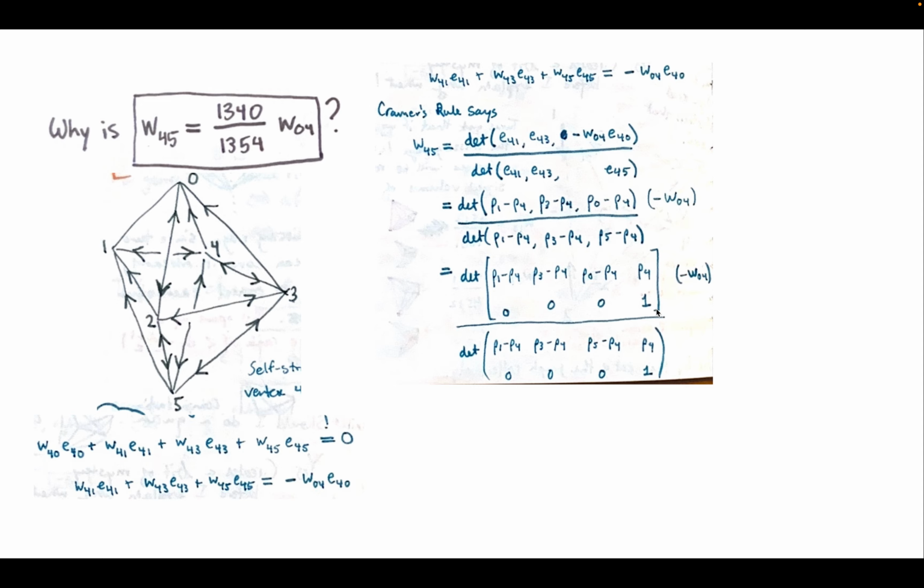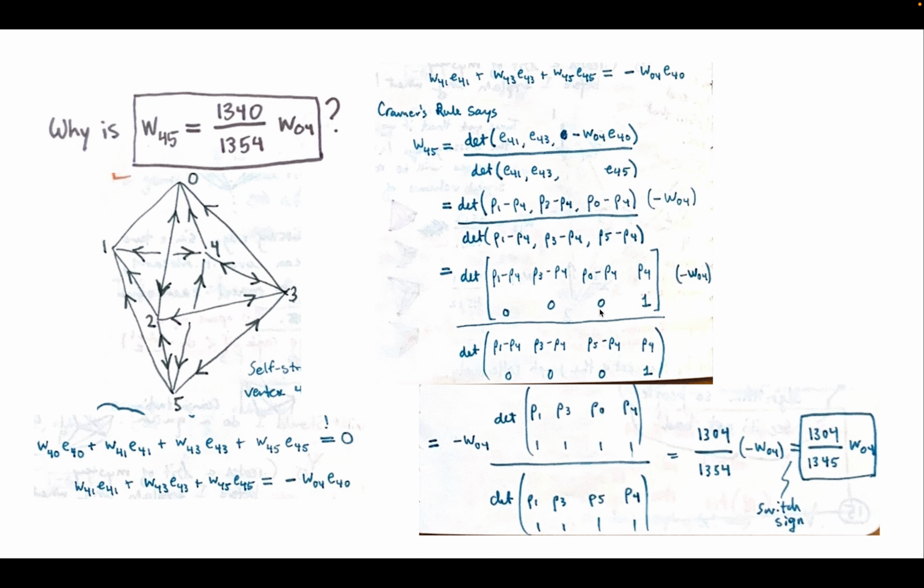Because now I can add this column to the previous columns and just make it the determinant of this 4 by 4 matrix, whose columns are vertices 1, 3, 0, and 4, which I'm going to denote 1, 3, 0, 4. So this 1, 3, 0, 4 really means this determinant, and it's a signed volume of the simplex on vertices 1, 3, 0, 4. Good, so that proves the claim.